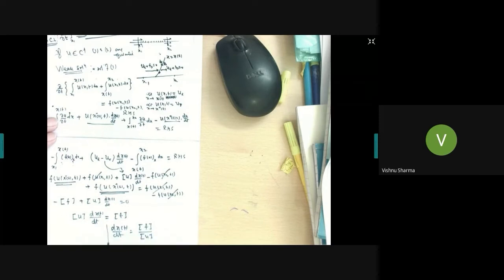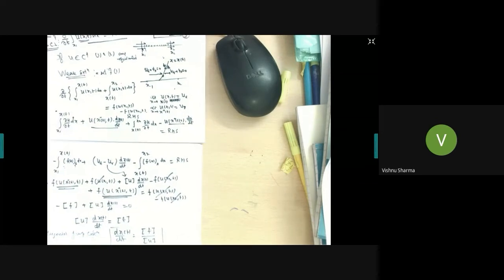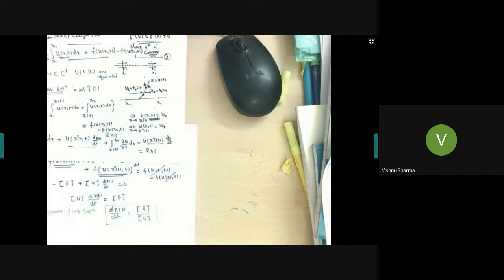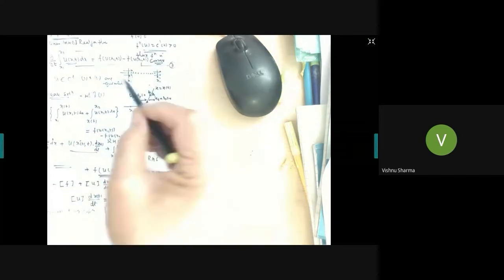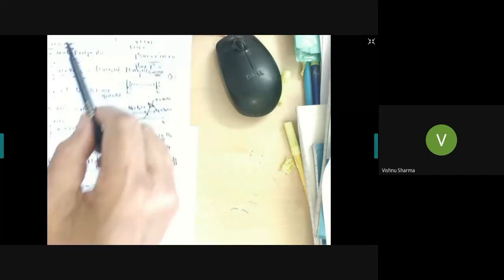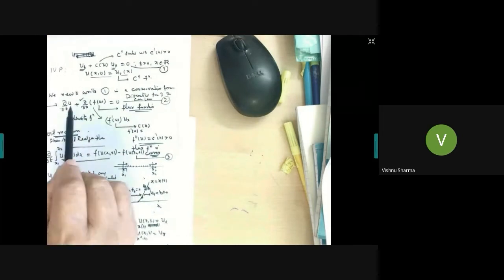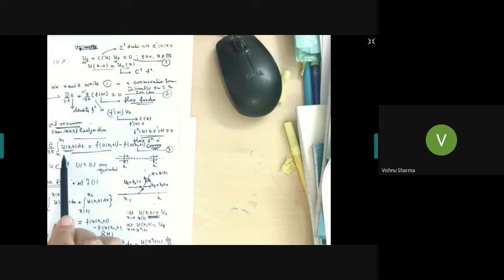This is called the Rankine-Hugoniot jump condition. So you see what a fantastic result. That is, if any discontinuity appears, it is because instead of taking this as the conservation law, I have taken the integral form of the conservation law because it is more general.